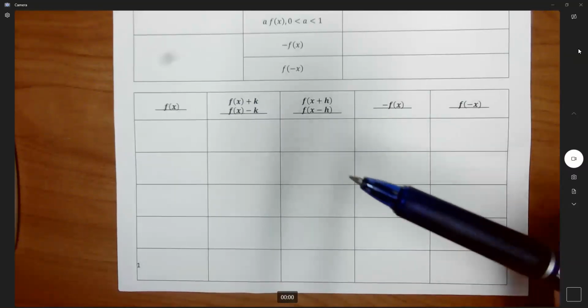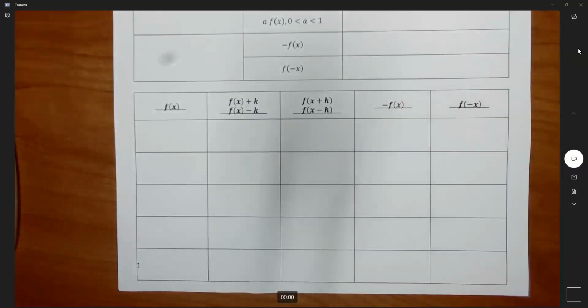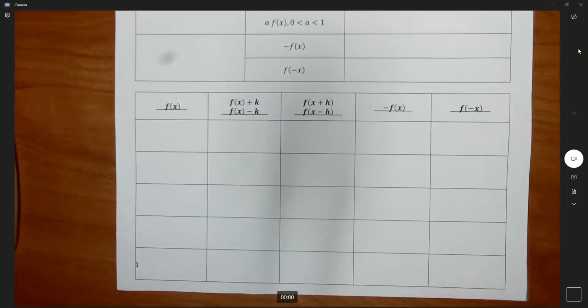So from last lesson, we went over key functions. I call them parent graphs, but I think here they call them key functions or key graphs. So from that, if you kind of pause the video, maybe take a moment to think about what some of those key functions are. Okay, so hopefully you have thought through.